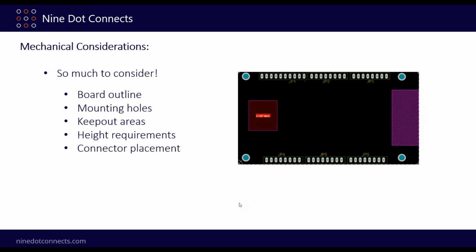And connector placement. This is an important one because if you work with your mechanical engineer or you are the mechanical engineer and you tell your electrical person or your designer, hey, I want these connectors. I'm going to give you the position I want your connectors to be in, right? And they are assuming at that point that your origin to this connector or your reference point is in the middle of the connector. Well, it could be that the person that built this part actually made pin 1 the origin or the reference point of that connector.